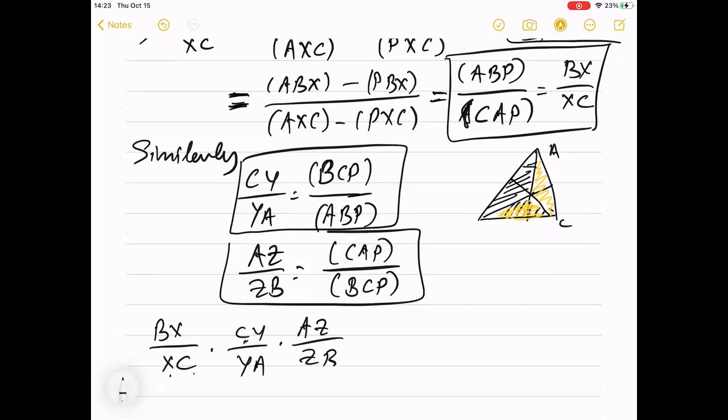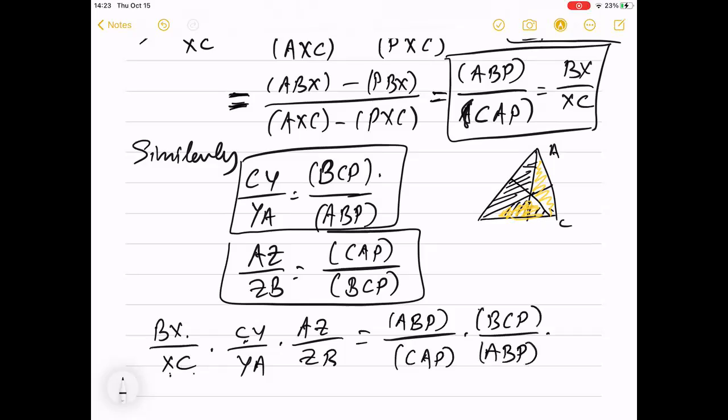Let's write everything together: area of ABP over area of CAP, times area of BCP over ABP, times the area of CAP over area of BCP.